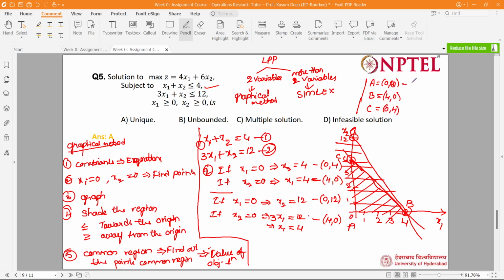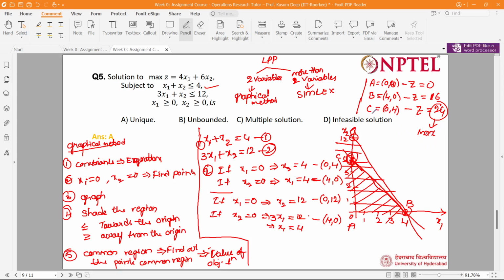At the point A, if we find the value of the objective function, that is z equal to 4x1 plus 6x2, here x1 and x2 are 0 0, then the objective function value is 0. At the point B, the objective function value is 4 fours are 16, and at the point C, the objective function value is 24. So here we assert that the maximum value is obtained at the point C. That is, the maximum value is z equal to 24.